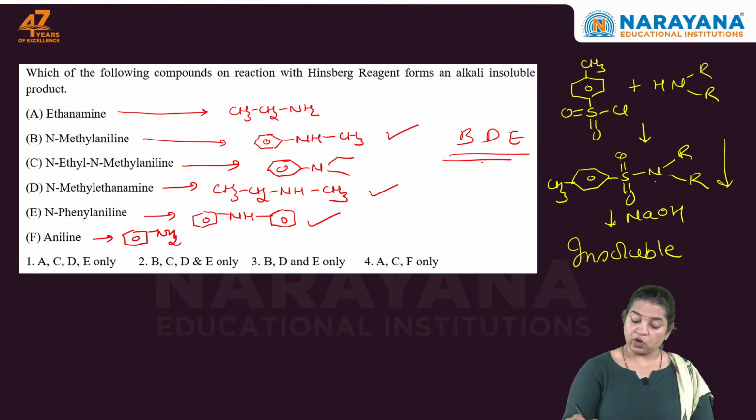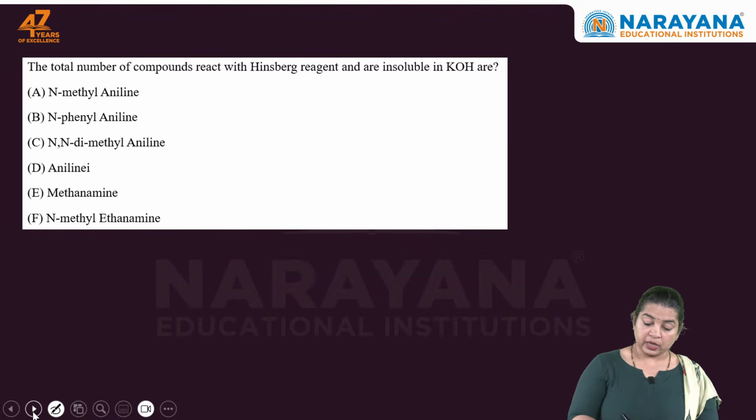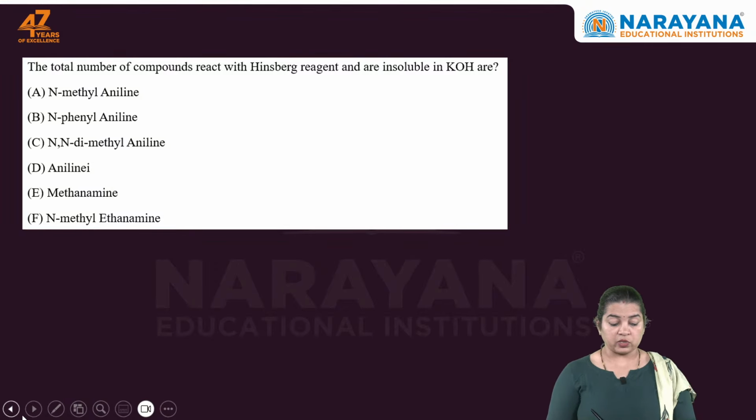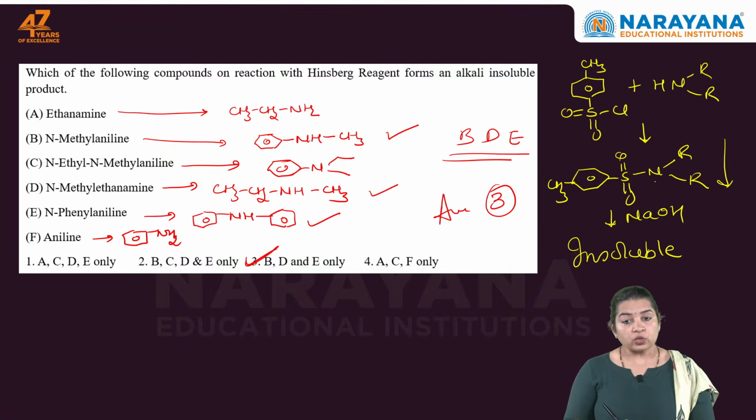So, we are looking for the option with B, D and E. That seems to be option number 3. Okay. So, correct answer B, C. Oh, C is not there. So, the correct answer is number 3. Option number 3 is our correct choice. Okay. Moving on, oh, that's the same question again. So, that's our complete closure.